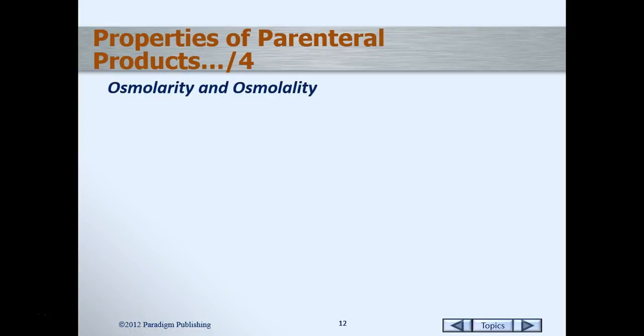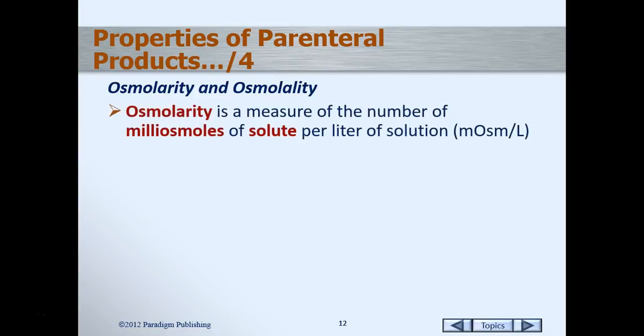Continuing with properties of parenteral products, next we're going to talk about osmolarity and osmolality. These terms, although similar, do have some specific differences. Osmolarity is the measure of the number of milliosmoles of solute.